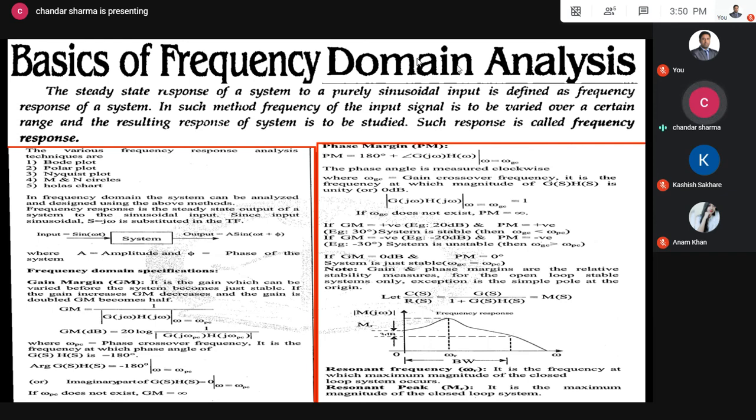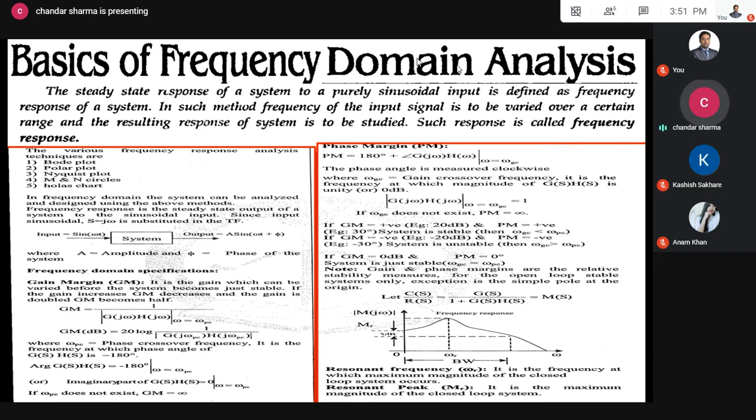So the basics for frequency domain analysis. The steady state response of a system to a purely sinusoidal input is defined as frequency response of a system. In such method, the frequency of the input signal is varied over a certain range and the resulting response of the system is studied.